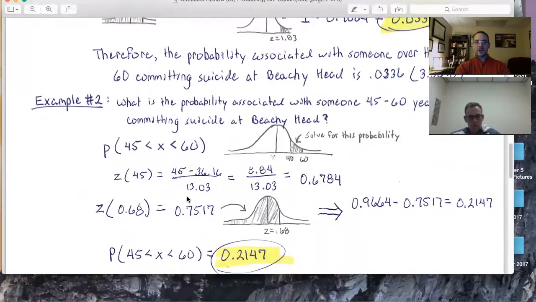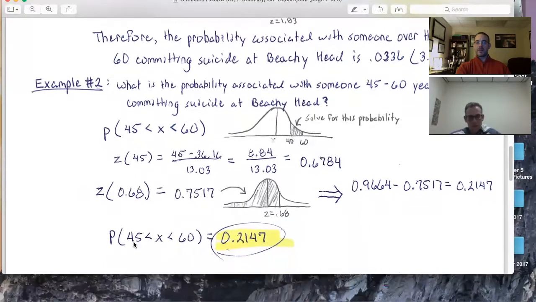So we get a probability. The probability of everything under this part of the curve for a z of 0.68, which is equal to somebody age 45, that's 0.7517. So now we have our two probabilities in order to figure out this range.